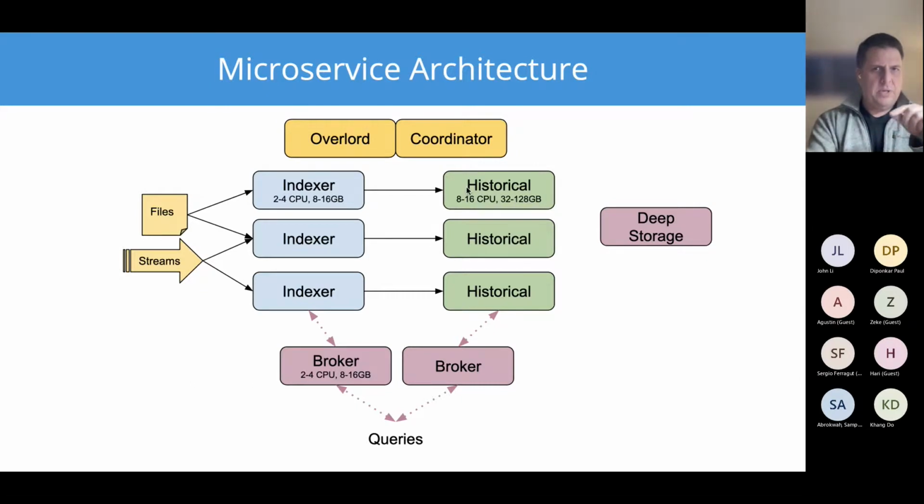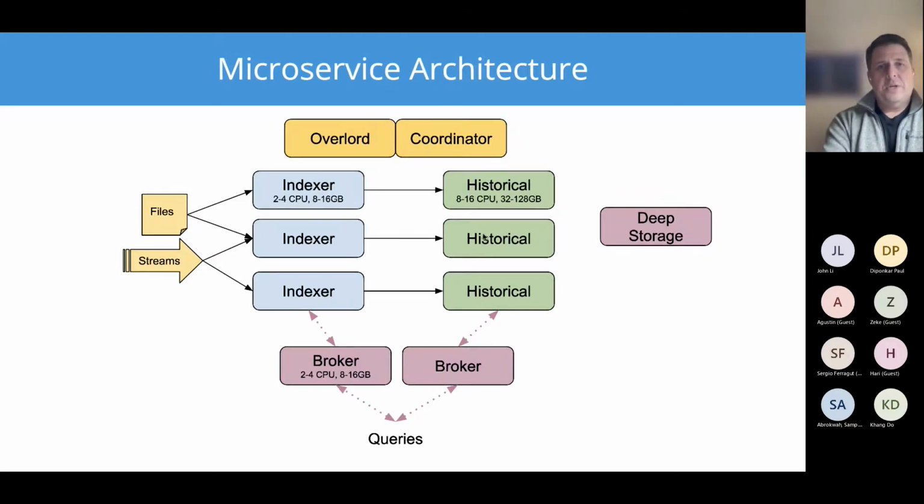There's a few other steps that happen in there, but that's essentially the easy way of explaining how that works. The historical can store any amount of data, from the last hour all the way up to the last 10 years, right?